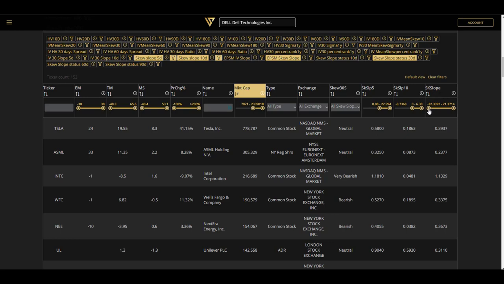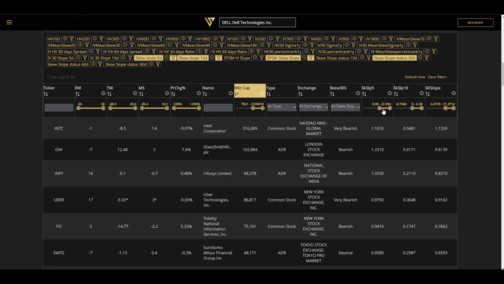So the skew slope is the difference between the first two variables that you see. If the difference is positive, like very positive, for example, it means that the 5-day is greater than the 10-day. And if so, it means that the skew slope is going higher.